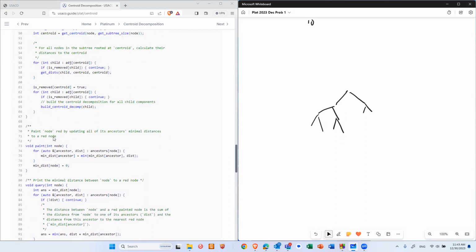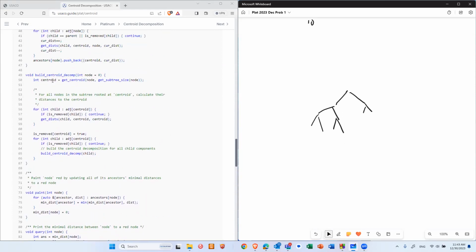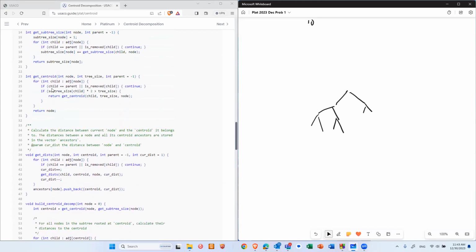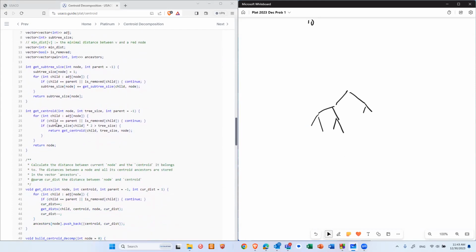When you build a centroid, you basically do an iteration, right? The way to find the centroid is you go through each of the subnodes.